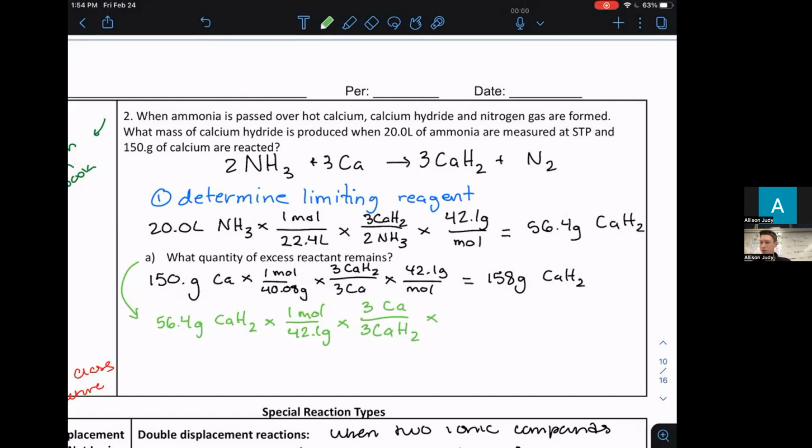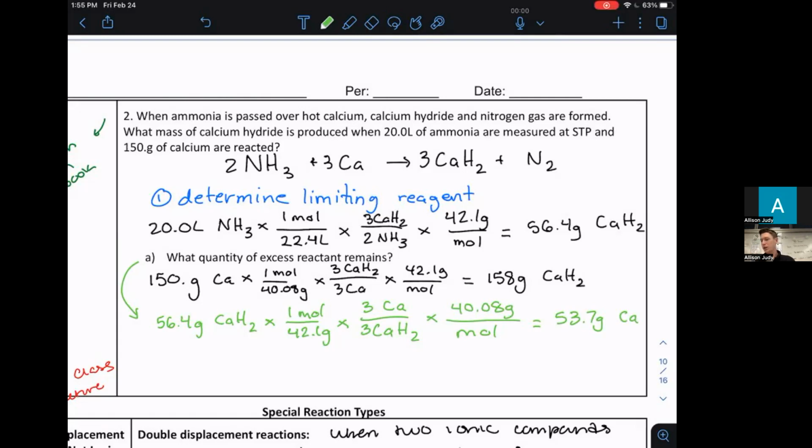And then we multiply by our molar mass of calcium, which is 40.08 grams per mole. This will tell us that we have 53.7 grams of calcium, and this is what is used up.